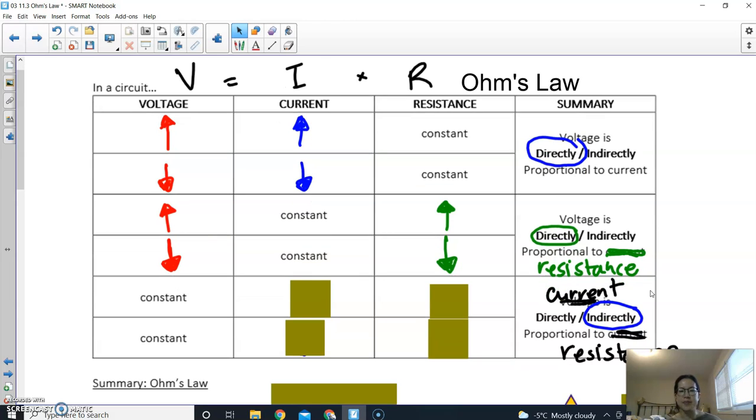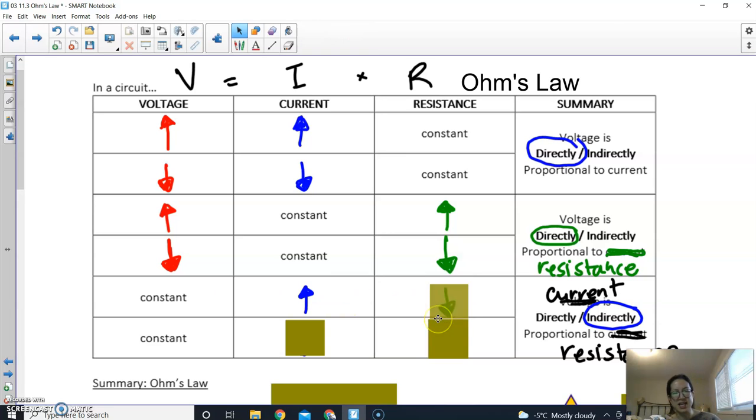Okay, lastly, if I keep the voltage constant, that means that the electrical push that's behind every single electron is remaining the same. If I have increased the current, that means the flow rate is increased, but somehow the push behind my current is remaining the same.